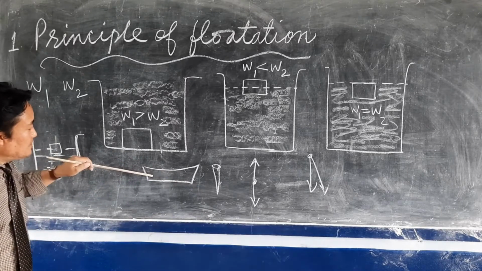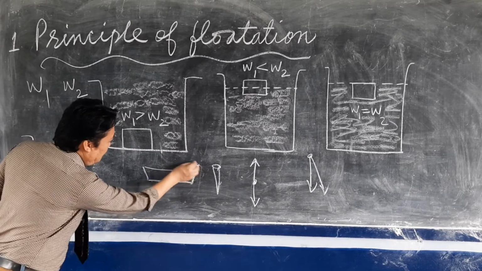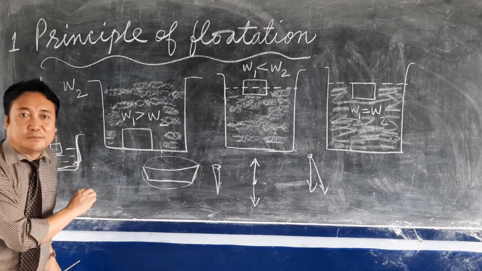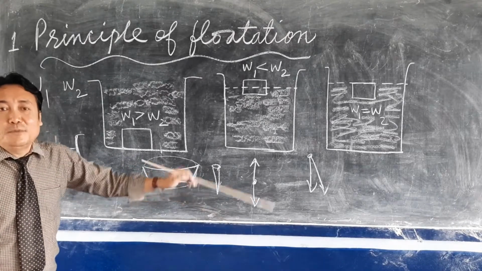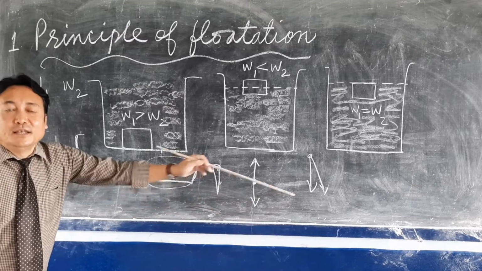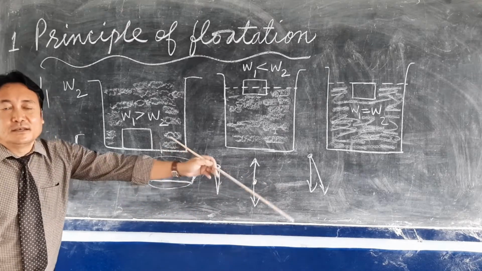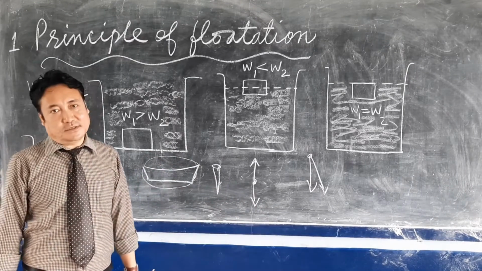Whatever the amount of water displaced by the ship, from here to here, will be equal to the weight of the ship. Because of that, the ship made of iron floats.